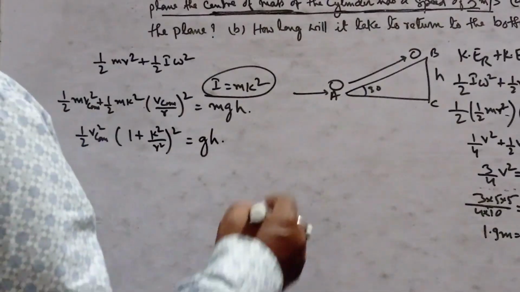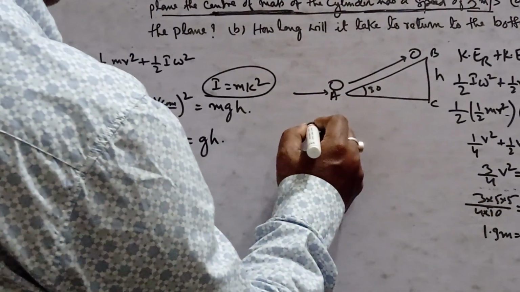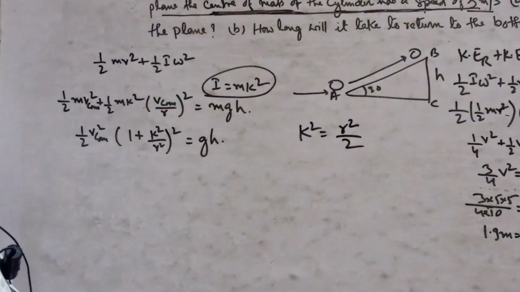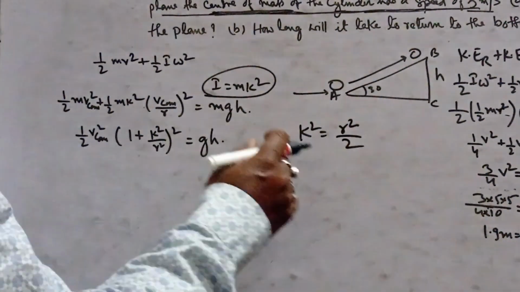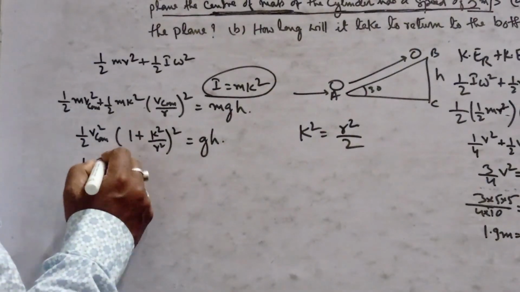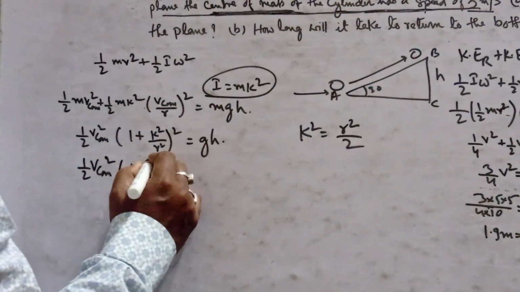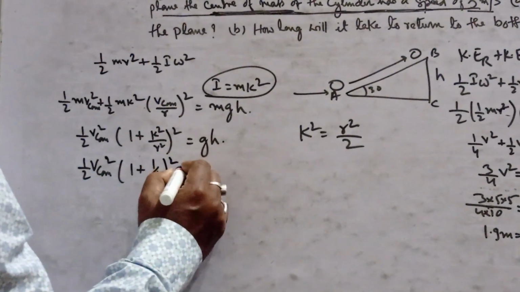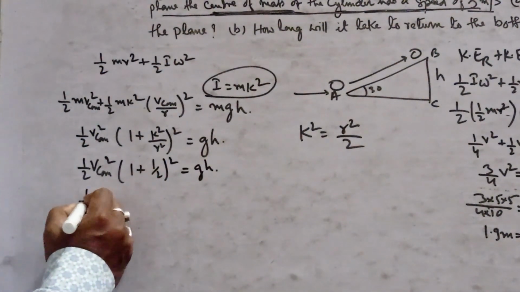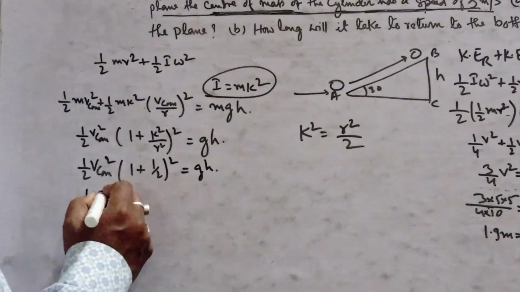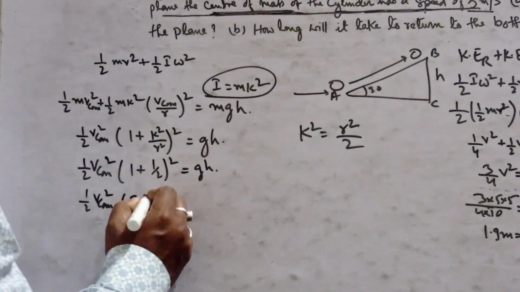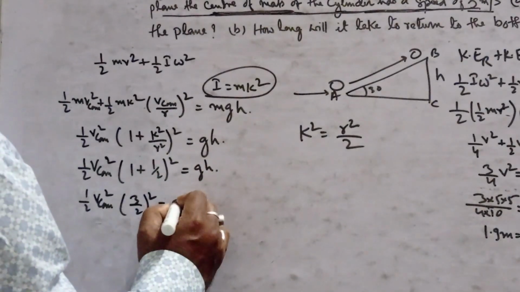Now you know that for a solid cylinder, the radius of gyration squared is r square by 2. So here it comes out to be v square, 1 plus 1 by 2, the whole square, which is 3 by 2, equal to gh.